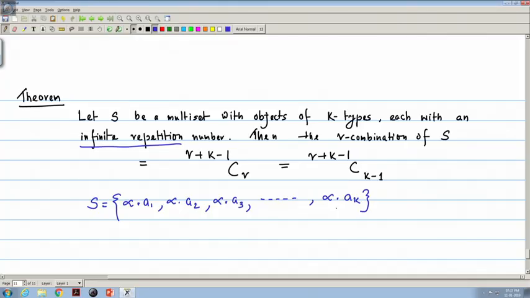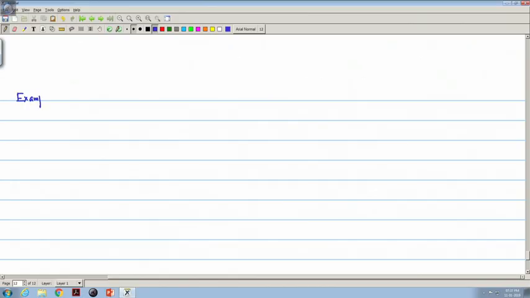So, now with this theorem statement we read some problems and how we can actually compute the combinations. We first take one example of a multiset, like the theorem statement.